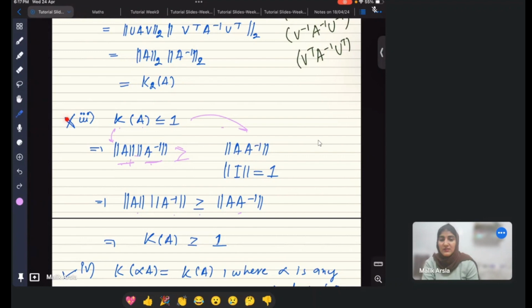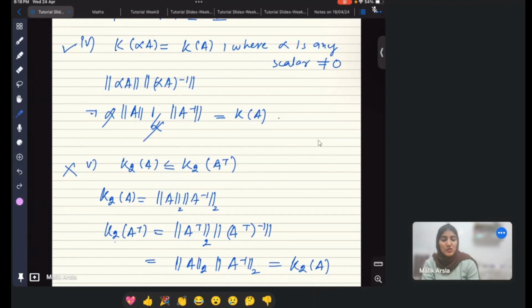Now the fourth statement is that condition number of alpha A is equal to condition number of A, where alpha is any scalar. We will just expand the left hand side. The condition number of alpha A is nothing but norm of alpha A into norm of (alpha A) inverse.